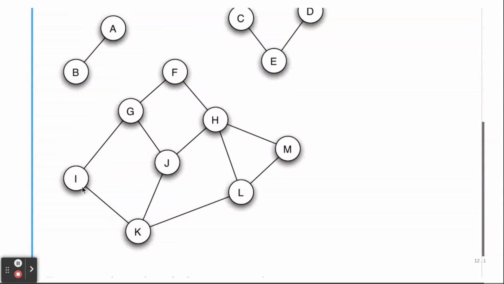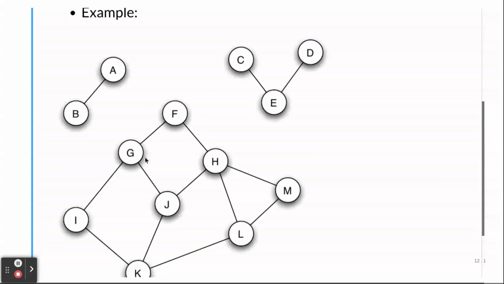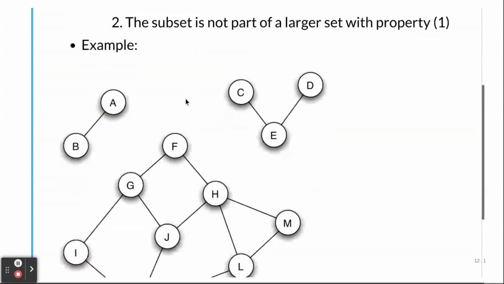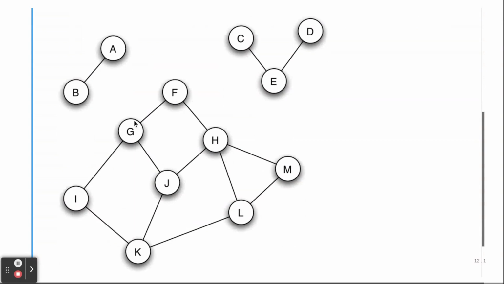And then here we have a third component that includes all these other nodes, F through M. Now, within this particular component, we have a number of collections of nodes that satisfy property 1. For example, consider F, G, H, J. These nodes are connected to one another, so they satisfy part 1, considering only these 4 nodes. However, there are additional nodes in the graph we could add, and it still remains connected.